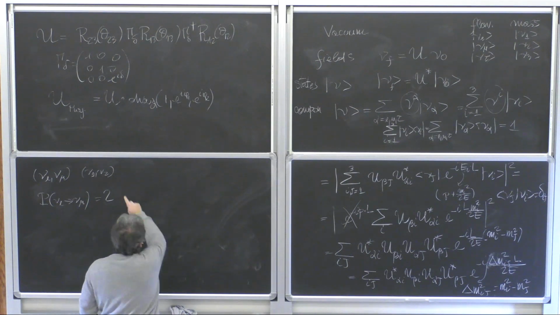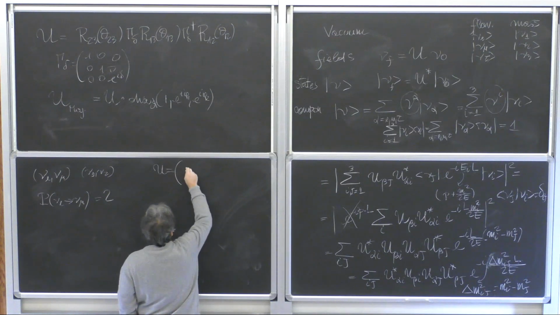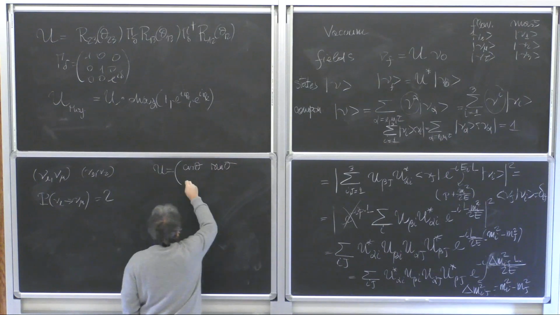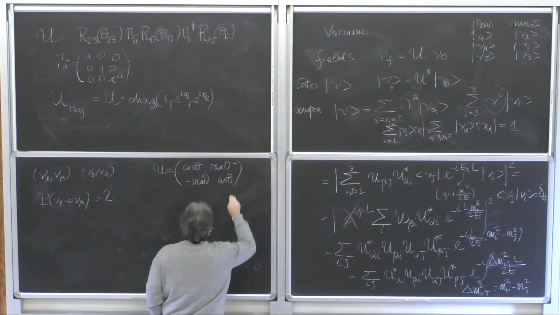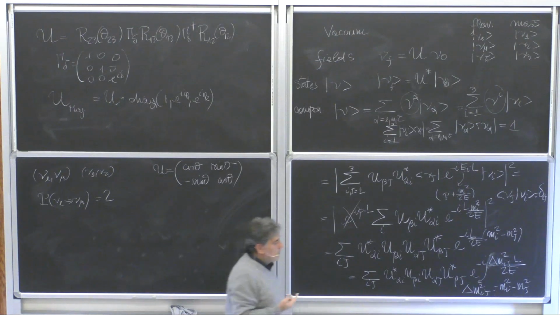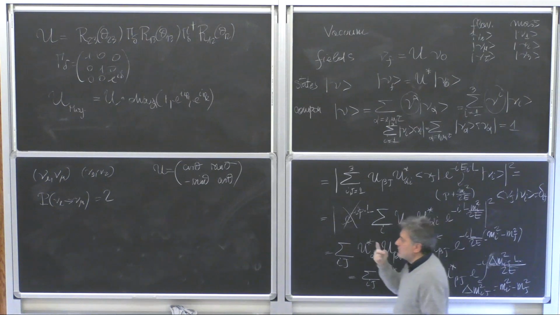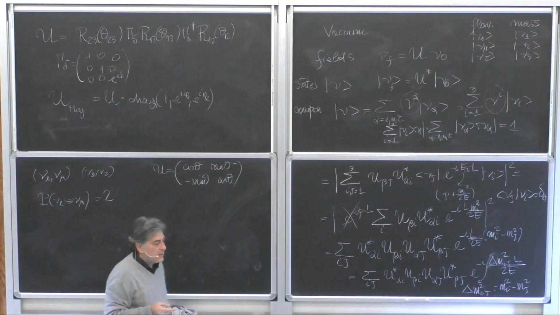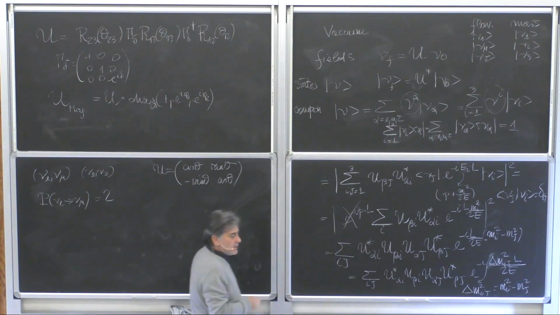Okay, in the two-flavor case, the mixing matrix is cos theta, sine theta, minus sine theta, cos theta. So the unitary two-dimensional mixing matrix depends only on one parameter, no complex phase. So the star does nothing.